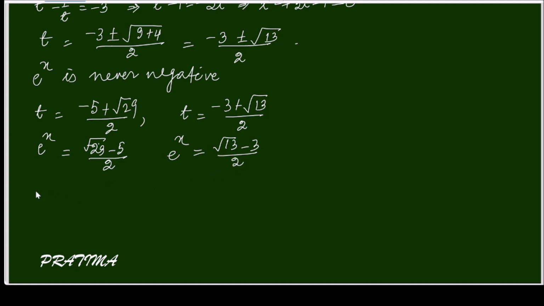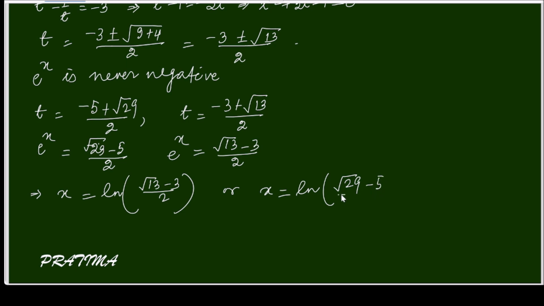So what will be x? From the first, x equals ln((square root 13 - 3)/2), or x equals ln((square root 29 - 5)/2).